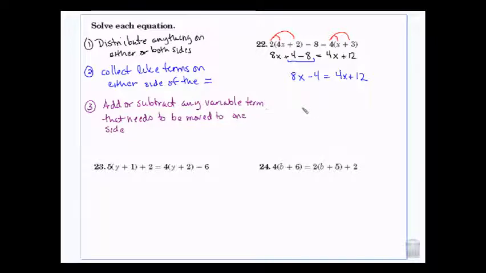Okay, I want all of my variables on one side. So I want all my x's on one side, and then I want all the numbers on the other side. So I'm going to subtract 4x from both sides. So that's going to give me 4x minus 4 equals 12.